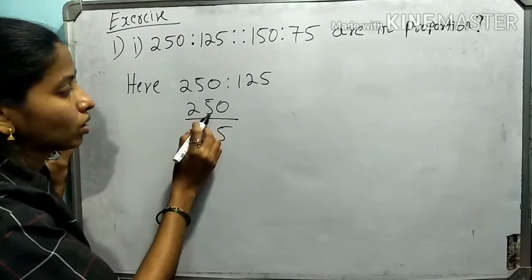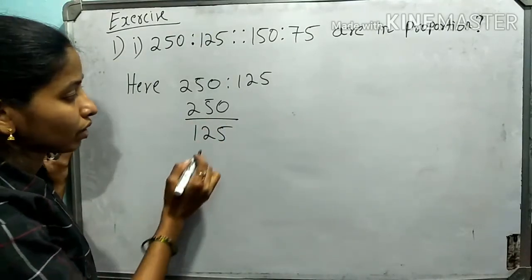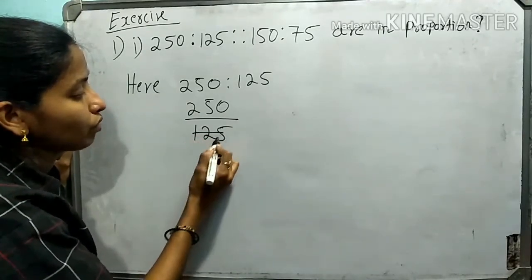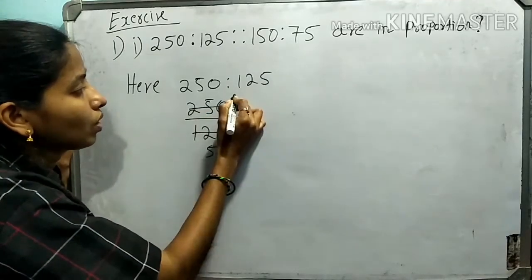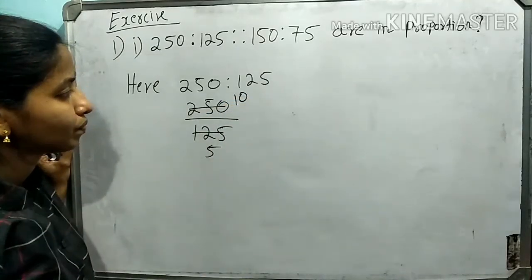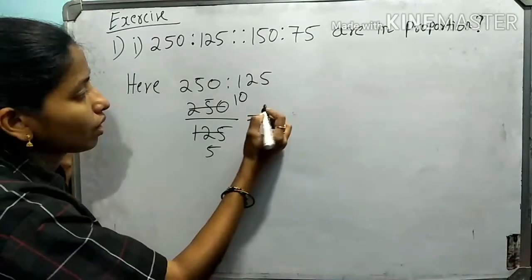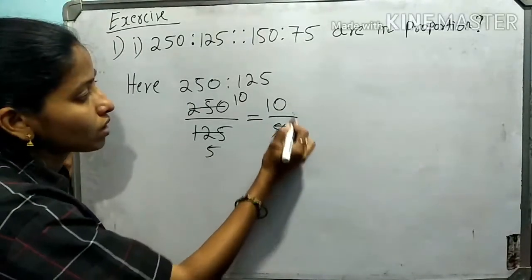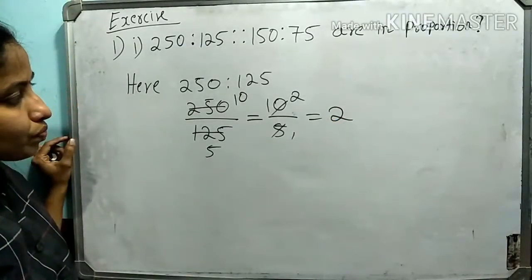We can reduce further by cancelling the common factor. 25 fives are 125, 25 tens are 250. So it is 10 by 5. 5 ones are 5, 5 twos are 10. So it is equal to 2.